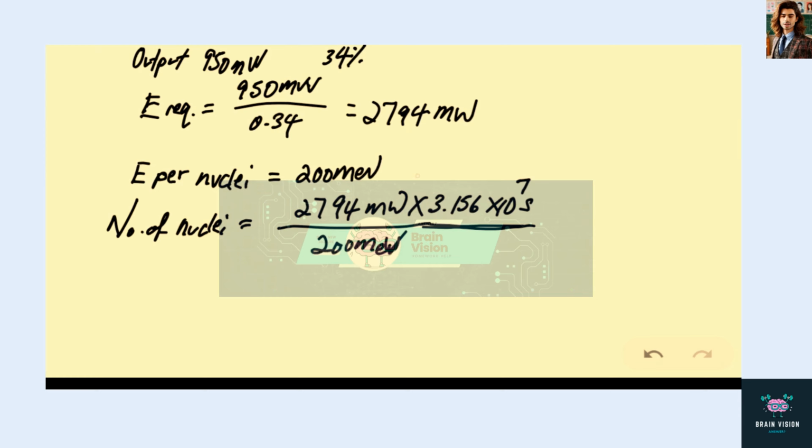But of course we have to convert the units of MeV into joules, since watts is in terms of joules per second, right? So convert to joules by multiplying by 1.6 times 10 to the power minus 13 joules per MeV. So from here we can get the mass.